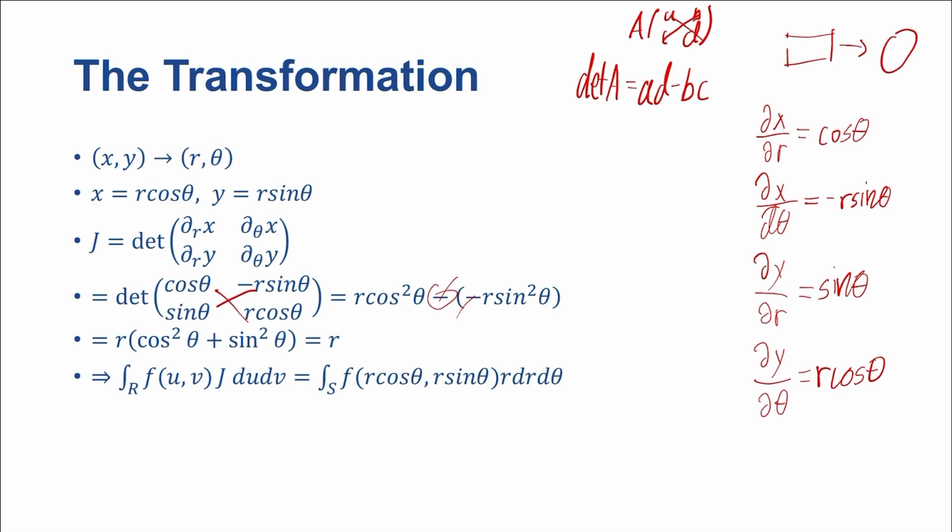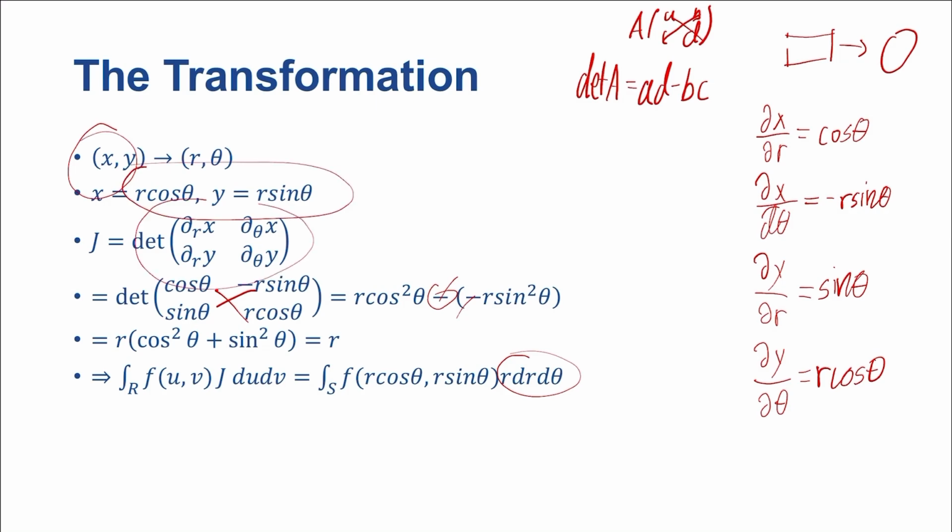So therefore, if I want to take the integral over R of f of u, v, J du dv, then that's going to be equal to the integral over our new region of f of r cosine theta, r sine theta, times r dr d theta, okay? So this is the Jacobian in action, right? I start from some x, y and some transformation equations.